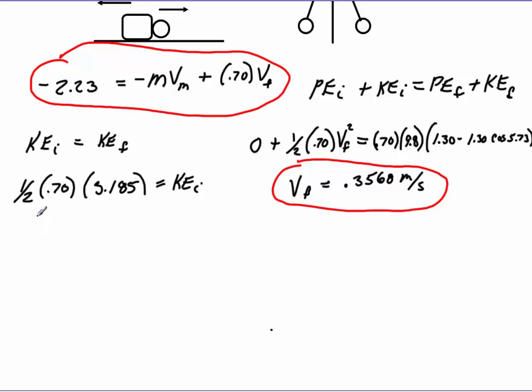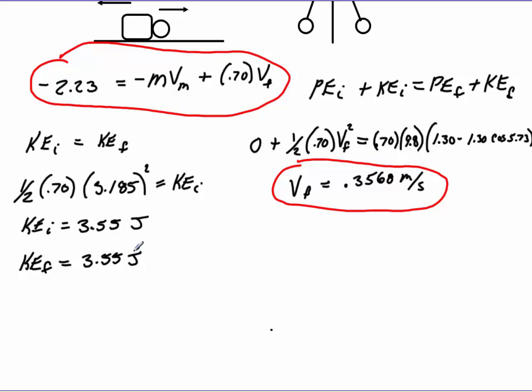We'll run that number: 1/2 times 0.7 times, let me just square that real quick, sorry, 3.185 squared. Gives me a value of 3.55 joules. So my kinetic energy initial is going to equal 3.55 joules. By the conservation of kinetic energy, it has to be the same after impact. So KE final must equal 3.55 joules.